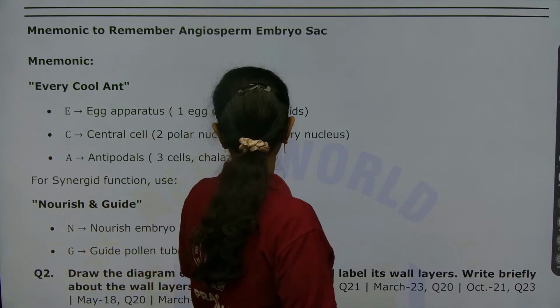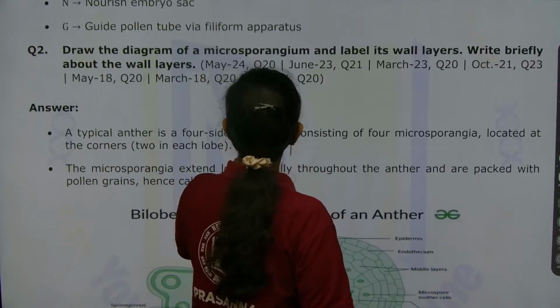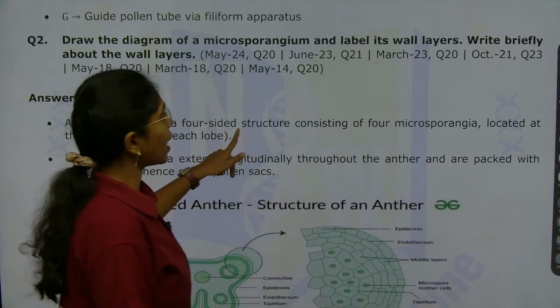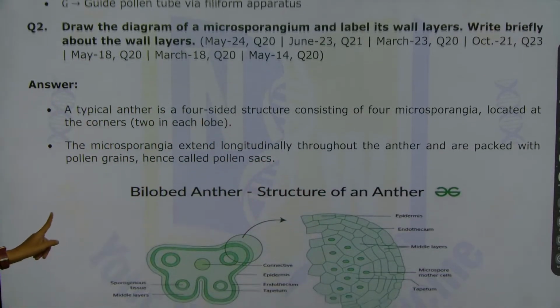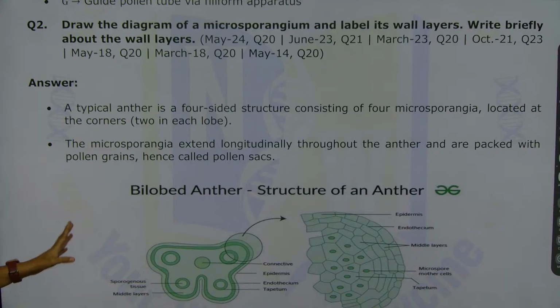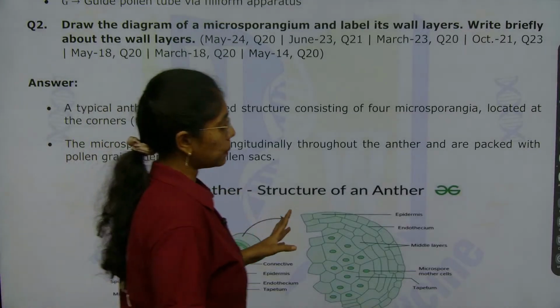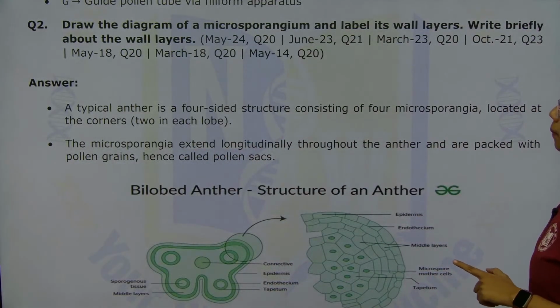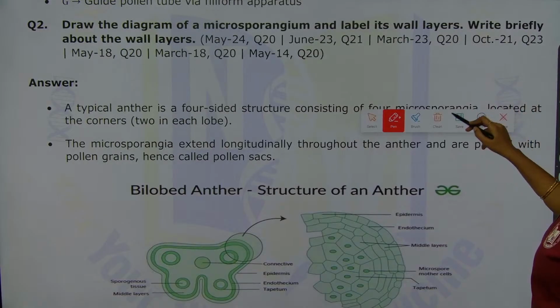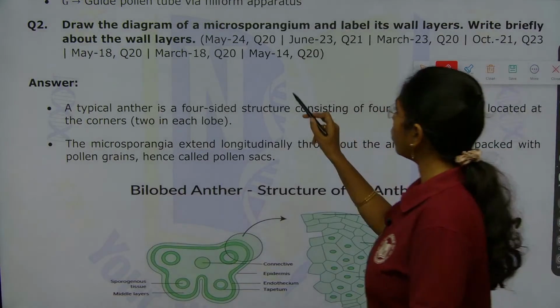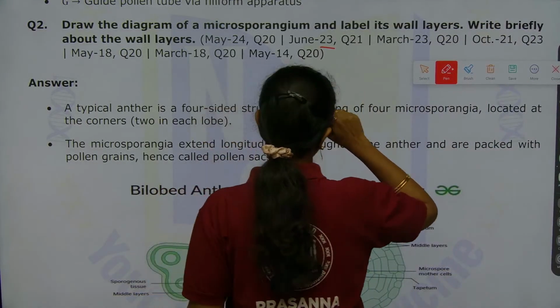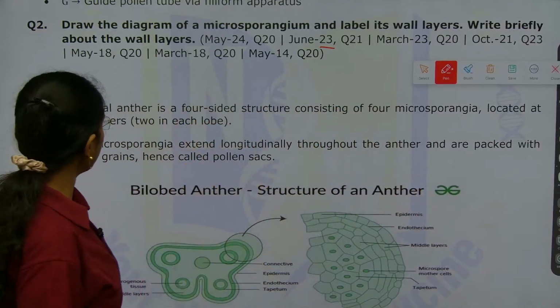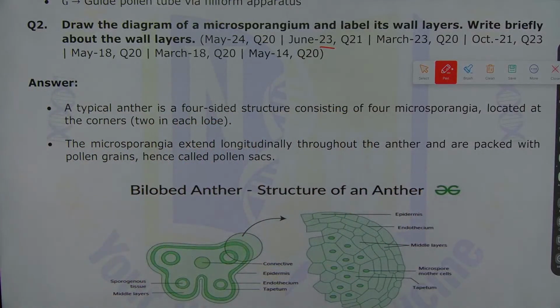Next, draw the diagram of the microsporangium and label its wall layers. Write briefly about the wall layers. This question was given in May 24, June 23, March 2023, October 2021, May 2018, March 2018 and May 2014.